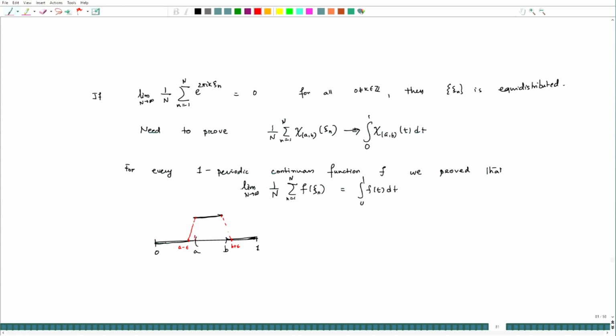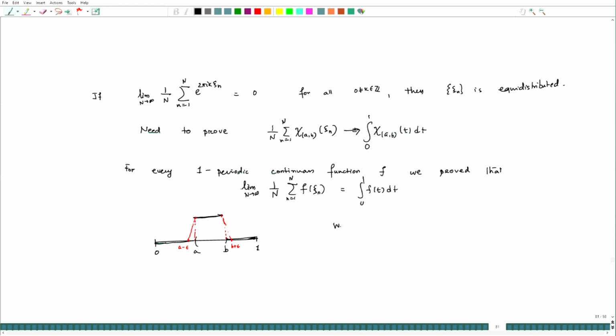The area of the two triangles is epsilon plus epsilon, which is 2 epsilon. That is the maximum we will get.